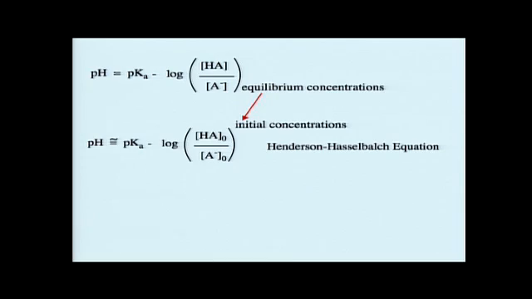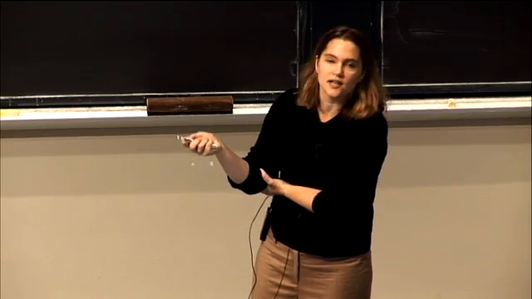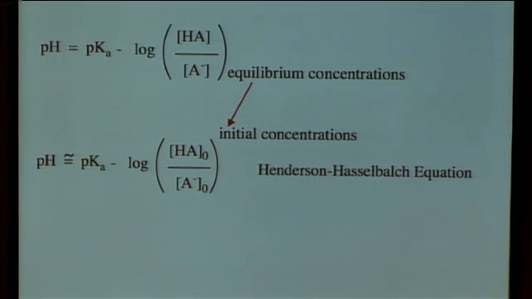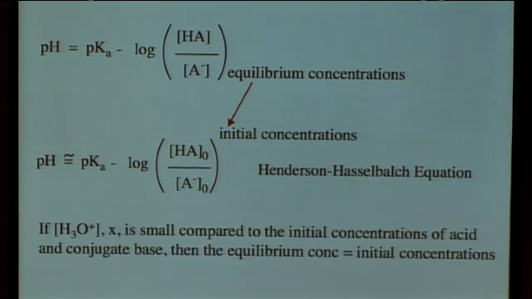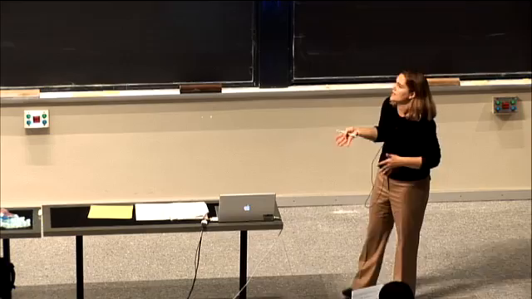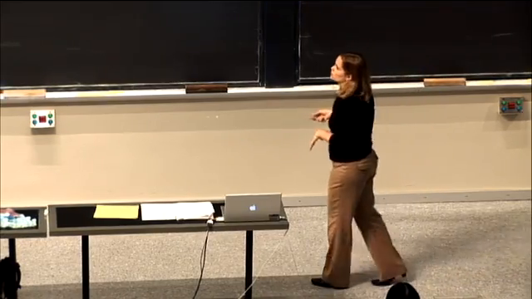All right, so remember that it's really equal when they're at equilibrium concentrations, and this is just an approximation that we're saying that those are initial concentrations. So when is it OK to say the equilibrium concentration is more or less the same as the initial concentration?